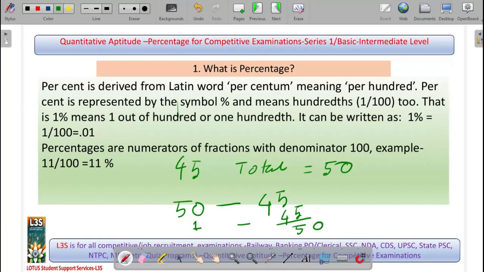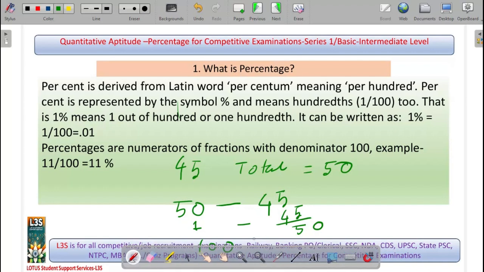And when total is 100, how much will he get? 45 by 50 into 100.